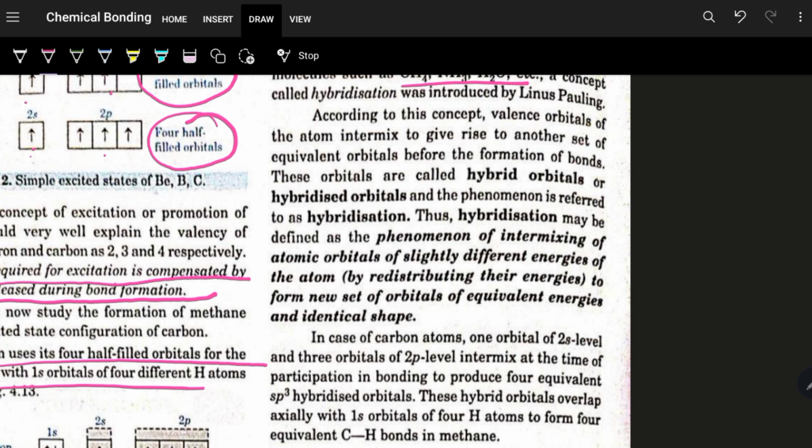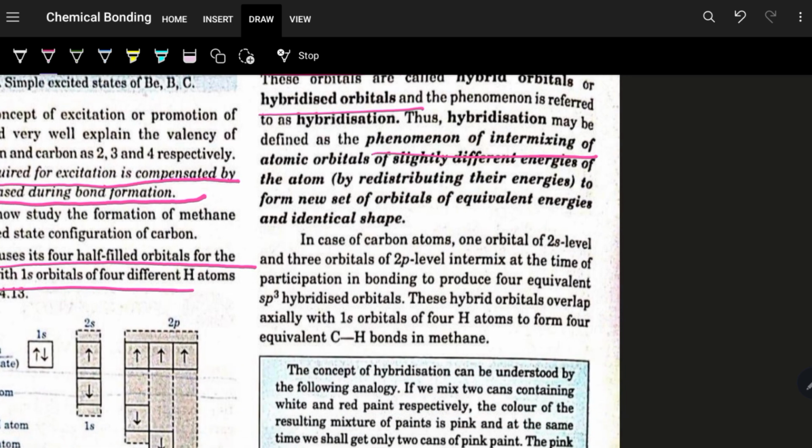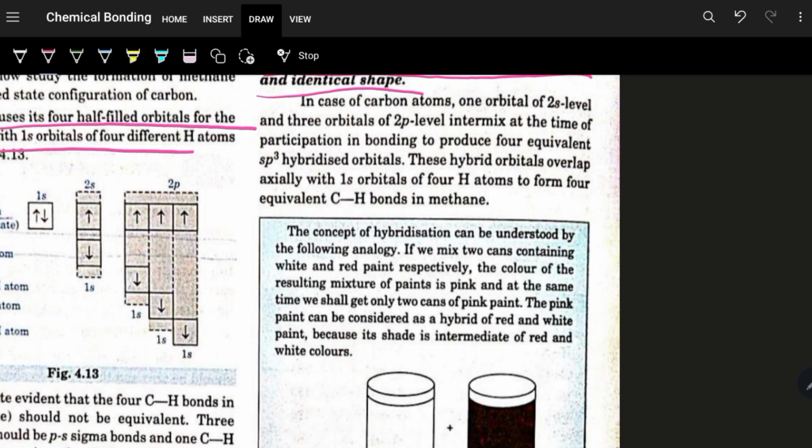Now, here again we can see that atomic orbitals intermix in order to give rise to equivalent orbitals having comparable energy, and they are known as hybrid orbital or hybridized orbital. It is the process of intermixing of atomic orbitals of slightly different energy of atom, or you can say redistribution of the energy in order to form new set of equivalent energy orbitals or hybrid orbitals containing identical shape.